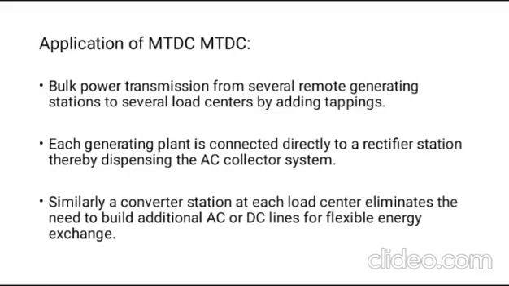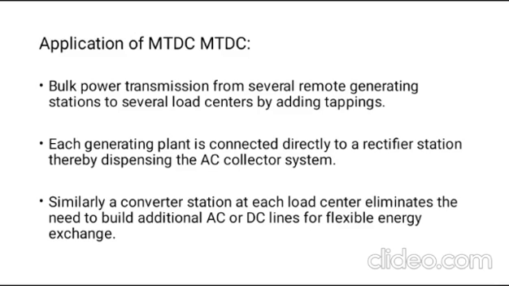Application of MTDC system. Bulk power transmission from several remote generating stations to load centers by adding tappings. In a point to point system, the main disadvantage is that power transfers from the sending end to the receiving end, and in between there won't be any intermediate taps.